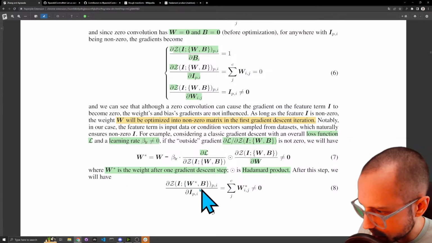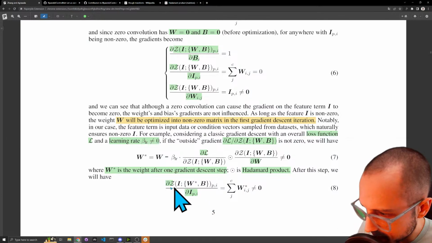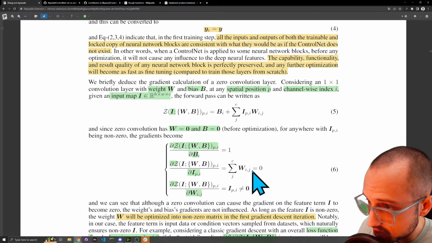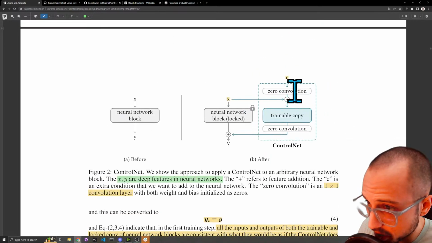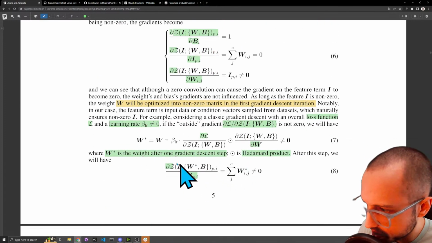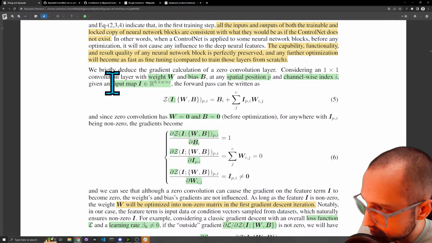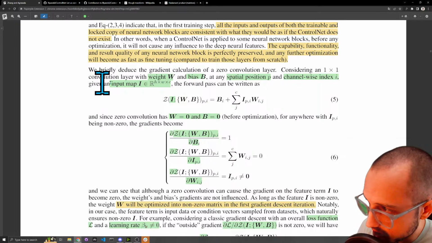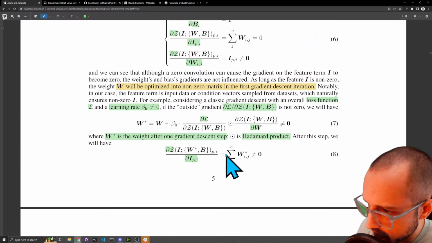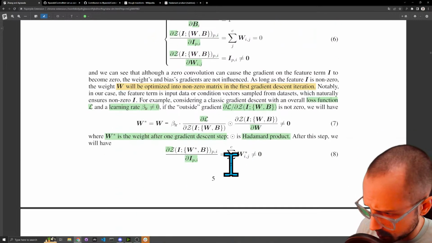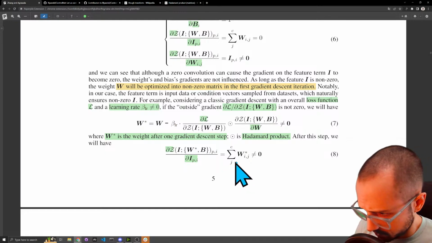After this step, we will have dz/di. So this is the partial derivative of the zero conv with respect to the input c. But the input c, they renamed it into I. So it's no longer vector c, it's now input map I. That is the sum of I, j over all c.